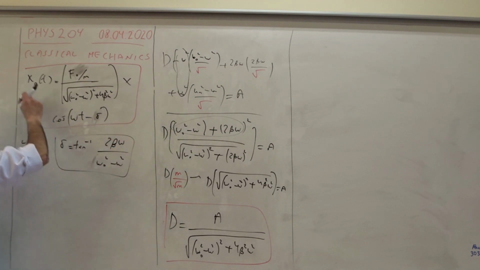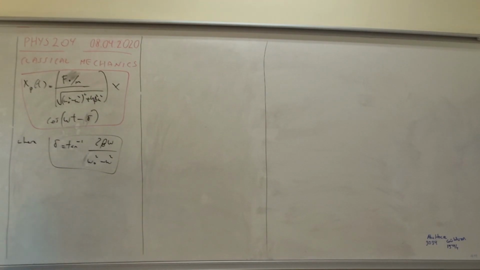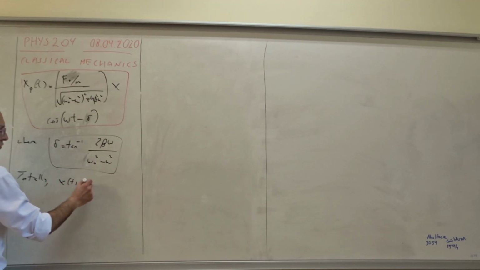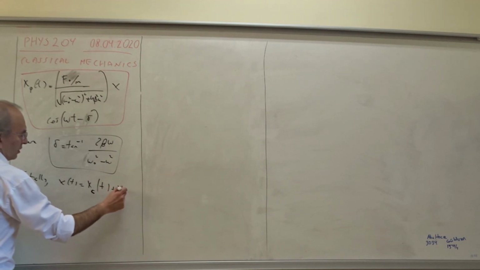So this is the particular solution. So let's finally state that this is just the particular solution. There is also, of course, the complementary one. So totally, x of t consists of x complementary of t and x particular of t.